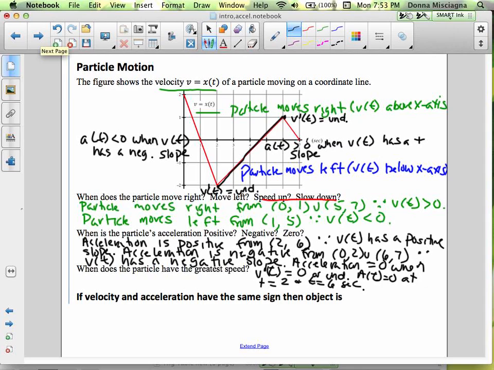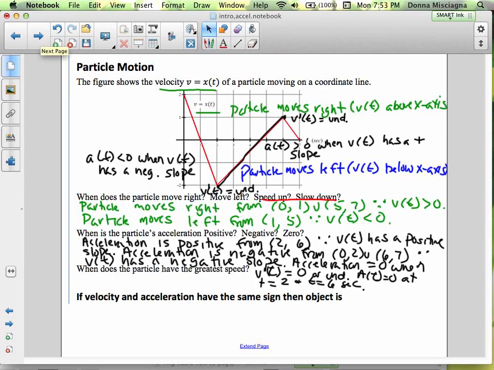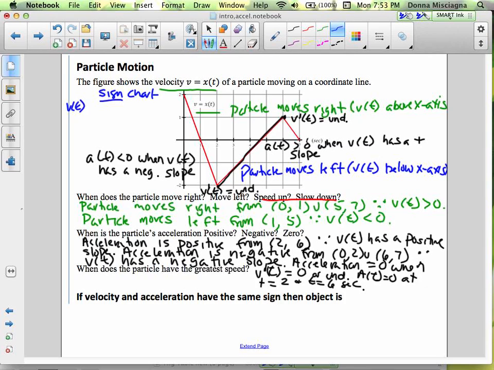I'm assuming it's seconds. All right, let's go back now to speeding up and slowing down. So we can make a little chart, and we'll put that little sign chart up here, especially if I move this down, I'll have a little bit of space. Now v of t has 2 critical points, where it's undefined.